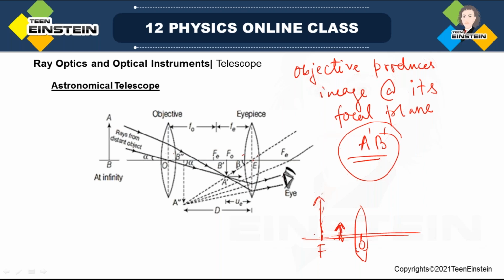This is the object on the same side, and a virtual image means it will be erect. Look what happens in this case.